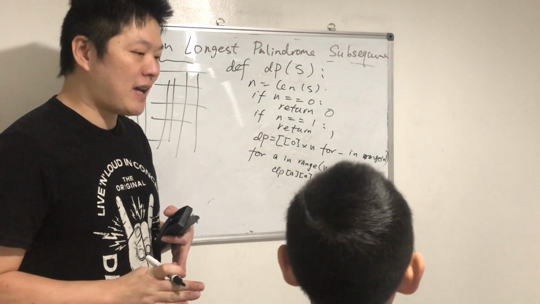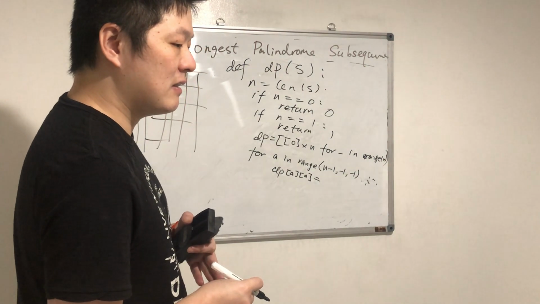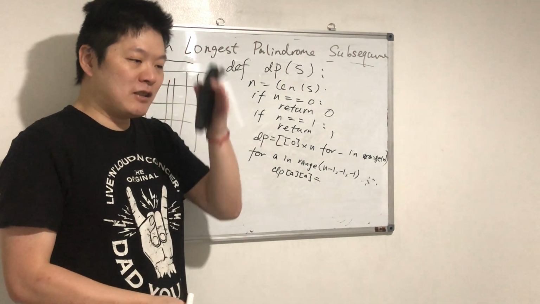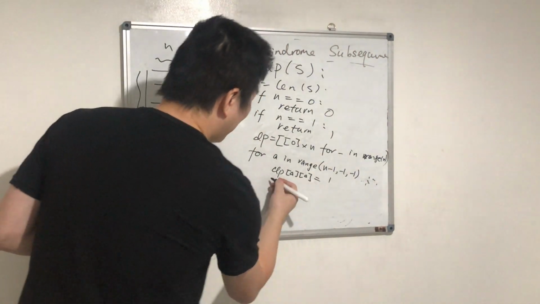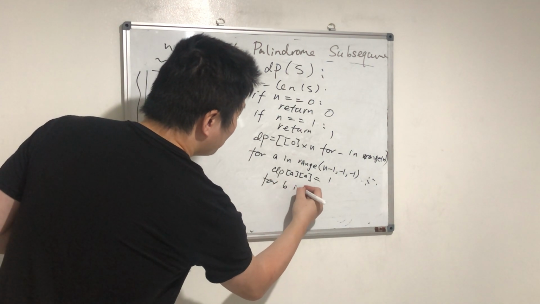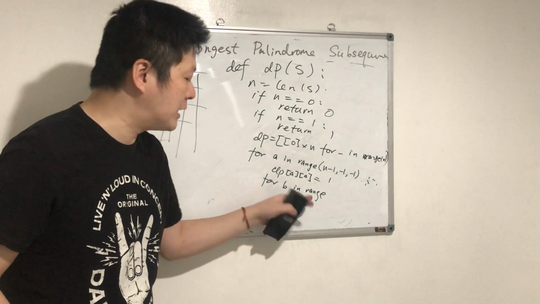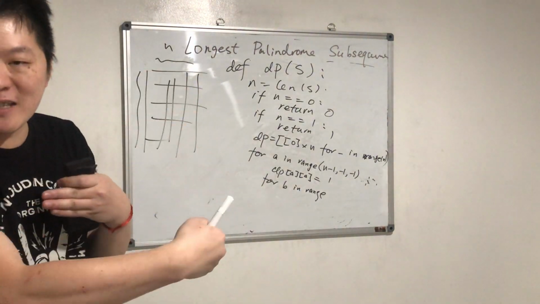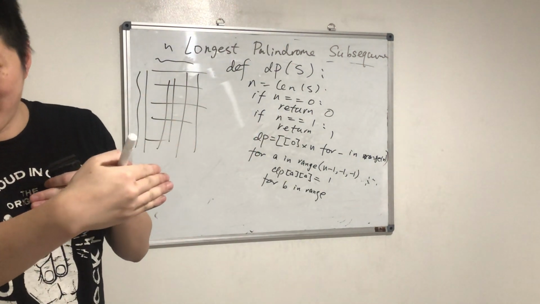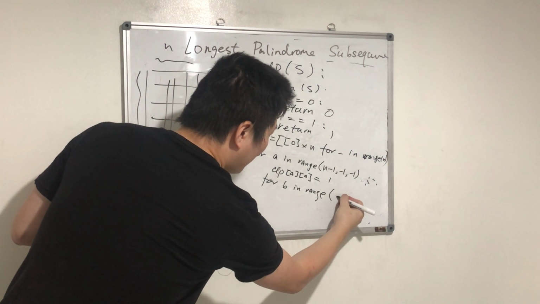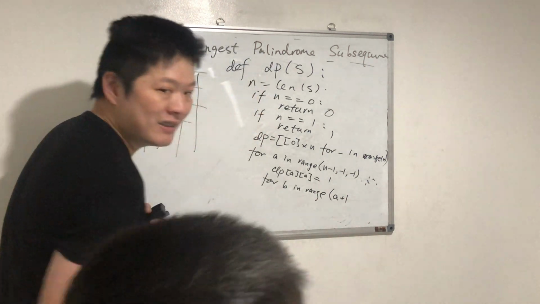A single character, the palindrome of a single character, which is 1. And then for B in range, because A defines the left boundary, the right boundary should be from the next of the left boundary until N. So range A plus 1, till N.